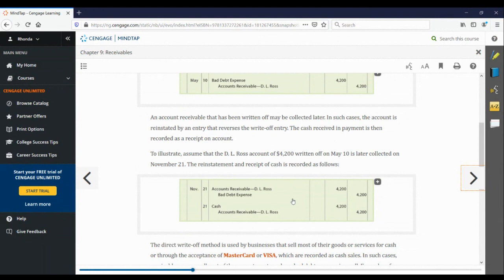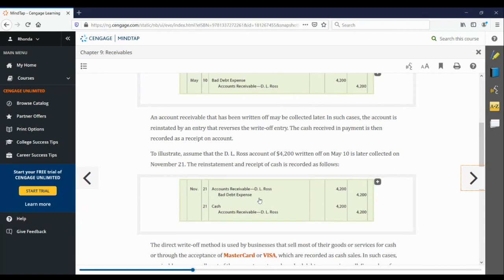The first journal entry is to reinstate the customer account for the amount that that customer is willing to pay us. So in this example, it says, to illustrate, assume that D.L. Ross account of $4,200 that was written off on May 10th is later collected on November the 21st. So notice our date is November the 21st.